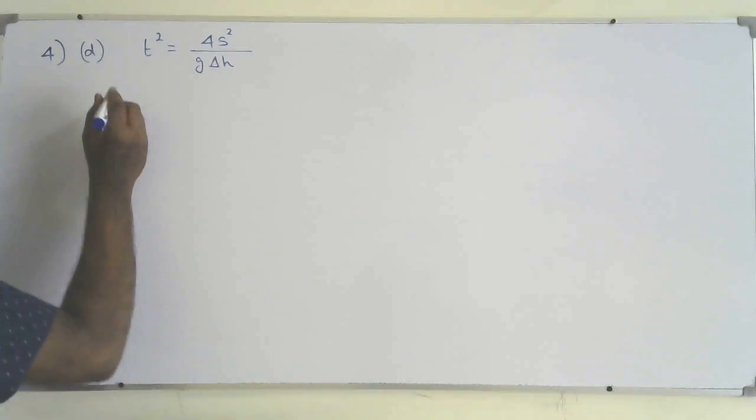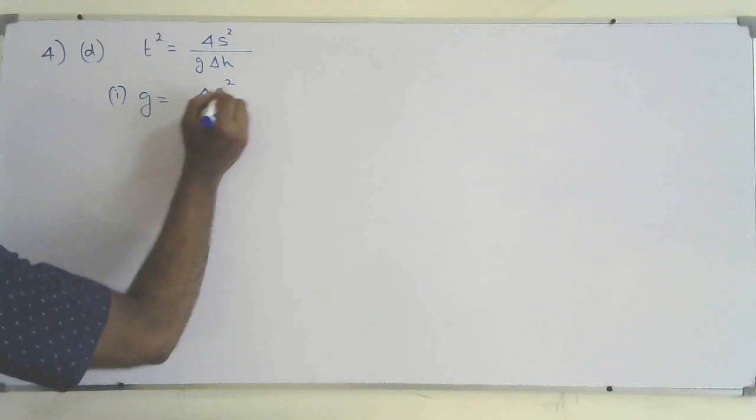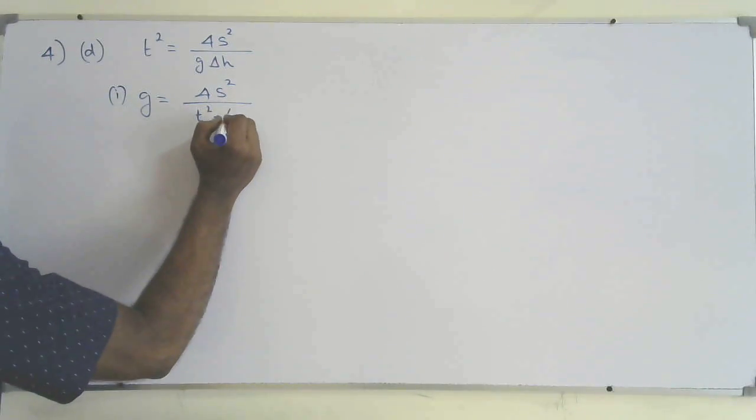Just substitute for the first part. So make g the subject: g is equal to 4s squared over t squared times delta h.